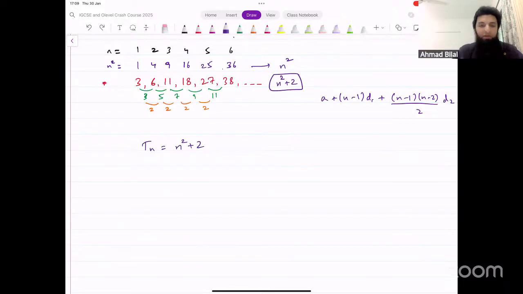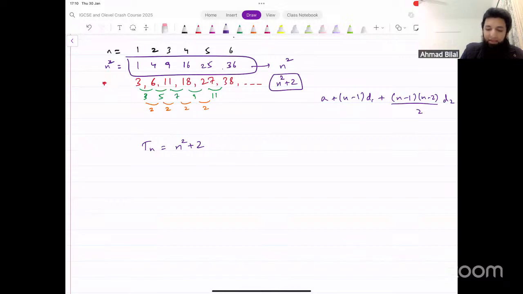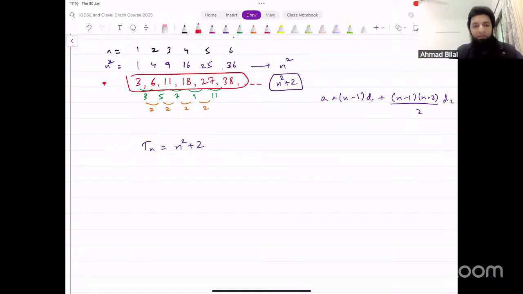And a lot of times what happens is they will make you do it in steps. So they might have a table in which they ask you to fill the table such that the first row contains these numbers, then the second row contains these numbers, and then in the third row, they have another sequence for which you need to write down the nth term.